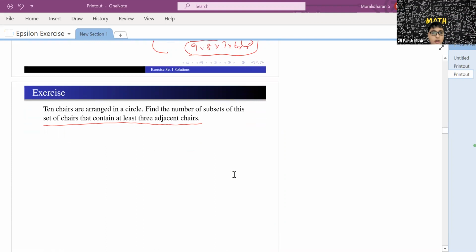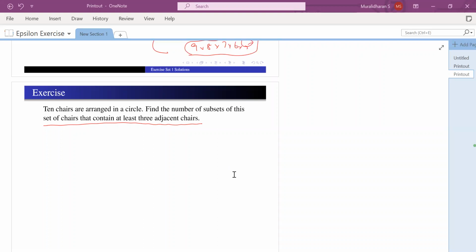Now we know that we have a subset with less than three chairs, and it should not contain three adjacent chairs.